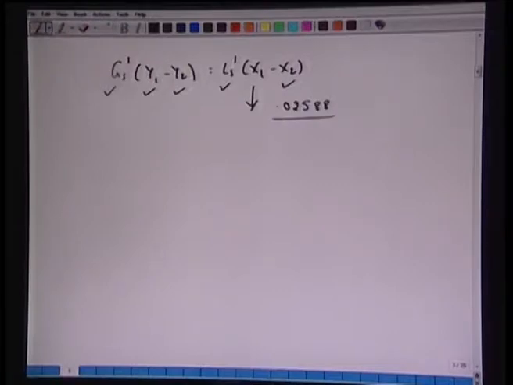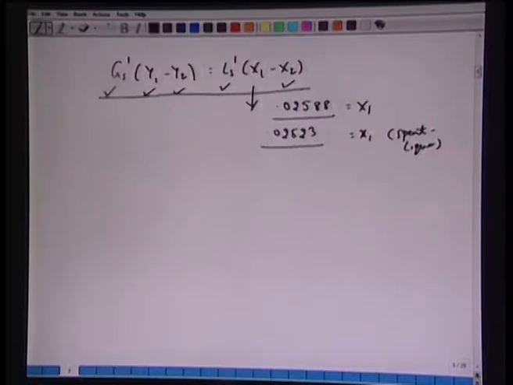So, the spent liquor concentration is x1, and if you convert this into mole fraction based on the solute, then we have 0.02523 as the mole fraction of sulfur dioxide in the spent liquor. So, of course, for this part of the problem one can solve analytically and one can solve graphically also, you will get the same results.